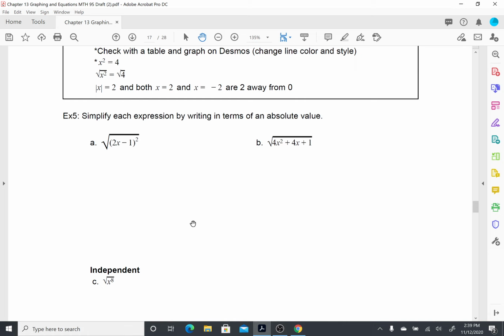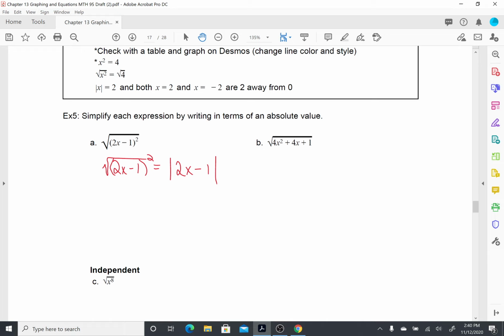Now we can take that idea and take things that are square rooted and squared and rewrite them as an absolute value instead. So for example, this can be rewritten like this, the absolute value of 2x minus 1. And I don't know about you, but I kind of like that.